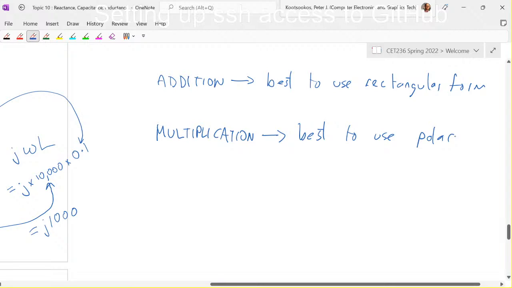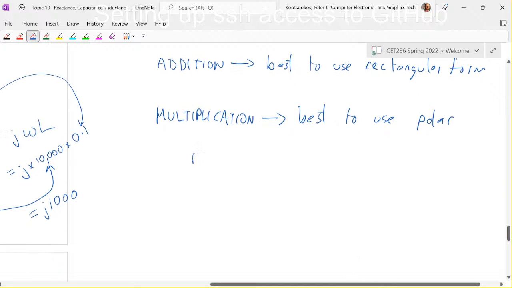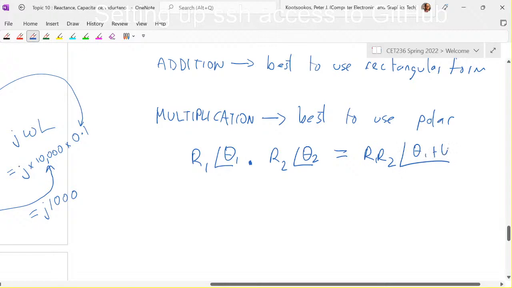So if we have R1 angle theta 1 times R2 angle theta 2, that's just equal to R1 R2 angle theta 1 plus theta 2.